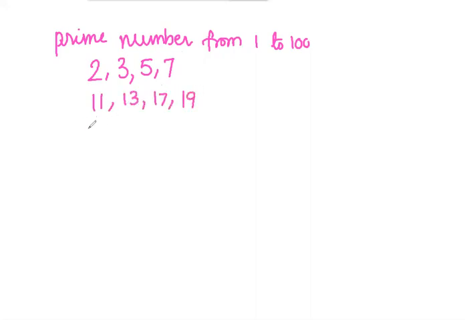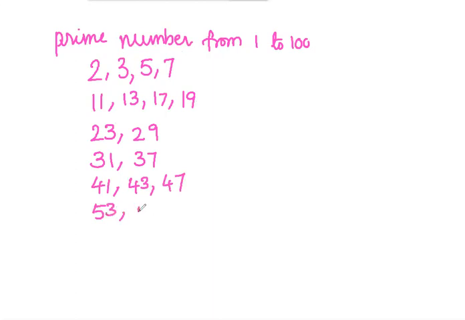From 20 to 30: 23 and 29. 30 to 40: 31 and 37. 40 to 50: 41, 43 and 47. 50 to 60: 53 and 59. 60 to 70: 61 and 67. 70 to 80: 71, 73 and 79. 80 to 90: 83, 89. And 90 to 100, only 97.